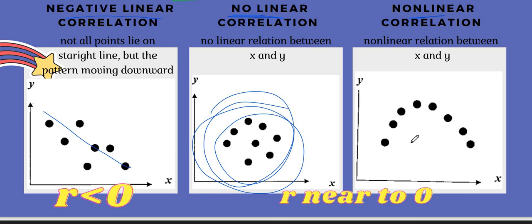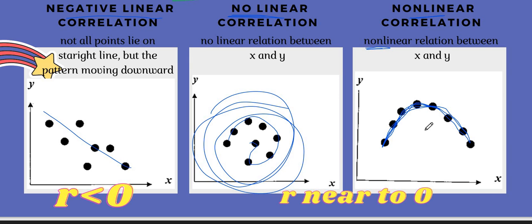But for this one we call it non-linear because we still can sketch a line. For the no-linear one, you cannot draw a line, I don't know what line this would be, but for this one, we still can sketch a line. And this line actually is a parabola, or parabolic. So parabola or parabolic is non-linear.